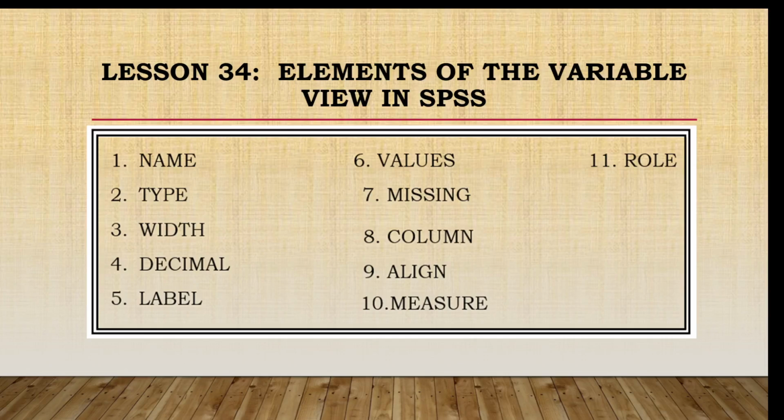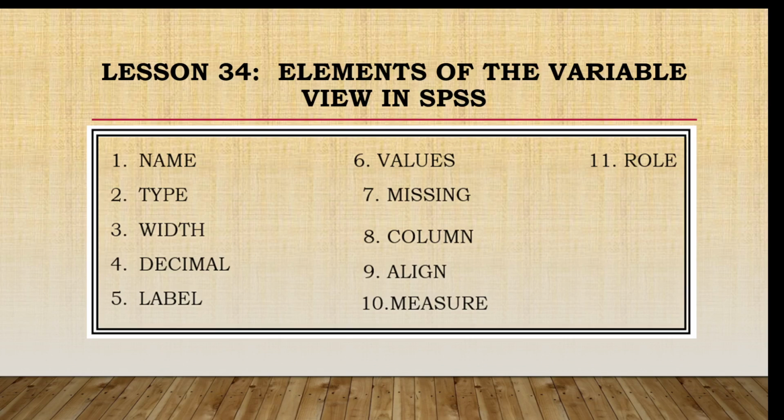We are meeting again in lesson number 34, which is about the elements of the variable view in SPSS. SPSS has two views. The variable view contains the names and some other attributes for the variables, whereas the data view displays the data which correspond to the variables.